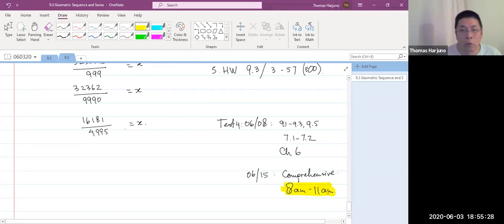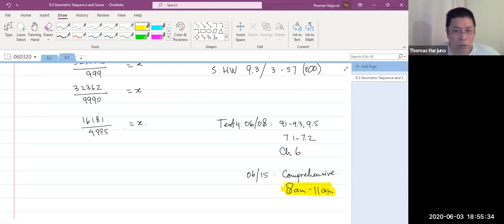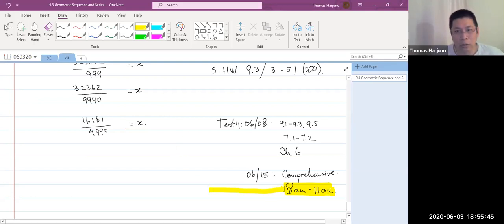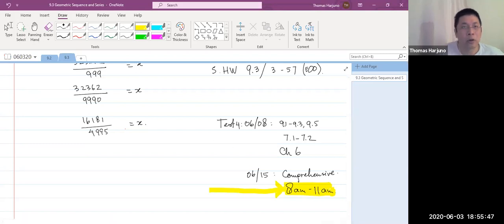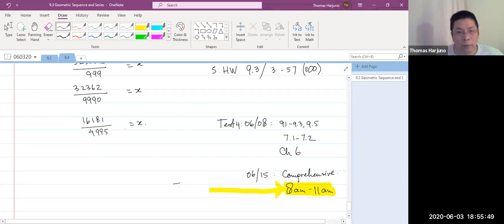So what happens if you start at 9:30, or you think, oh, it's just a regular test, so you start at 9, then you basically lose 1 hour. I wish I could change the time for your test, but I cannot. So I will post it at 7:45, and you need to turn it in by 11:15.